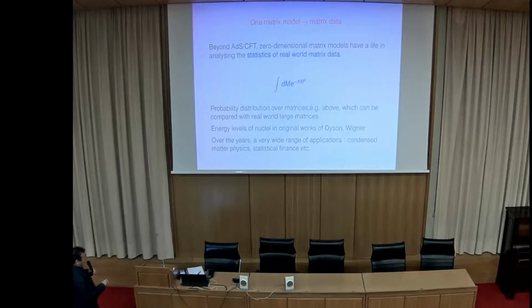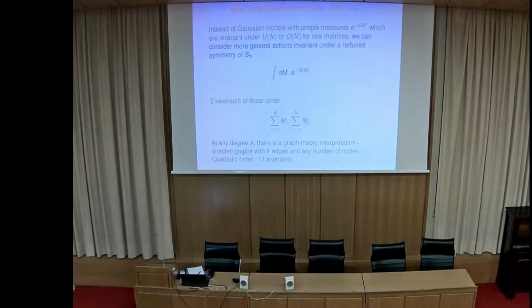So something you might ask is, what if I start with this kind of invariance under O(N) or U(N), depending on whether you think of real matrices or Hermitian matrices? In any case, these are continuous symmetries. But what if you replace these continuous symmetries by a discrete symmetry? What happens to these actions?